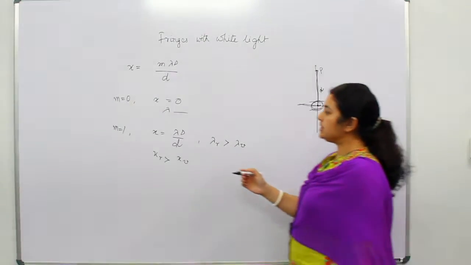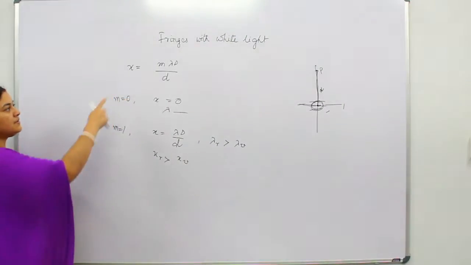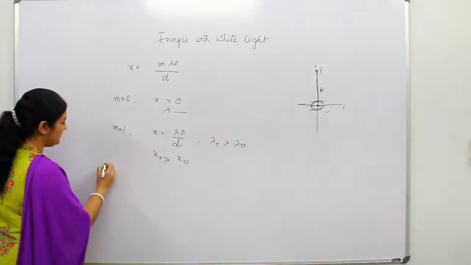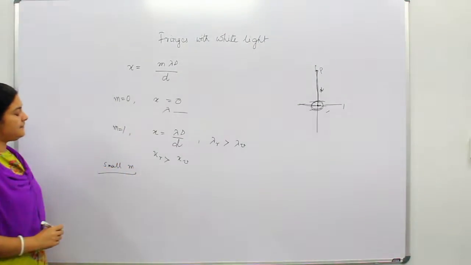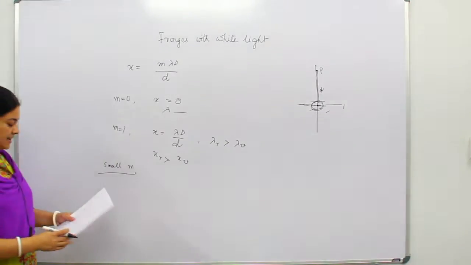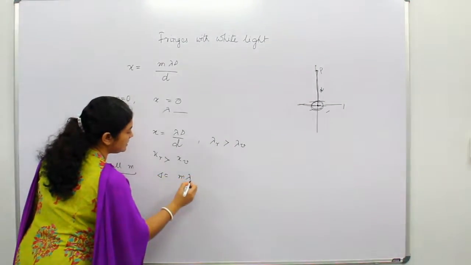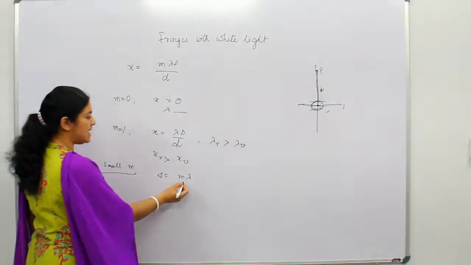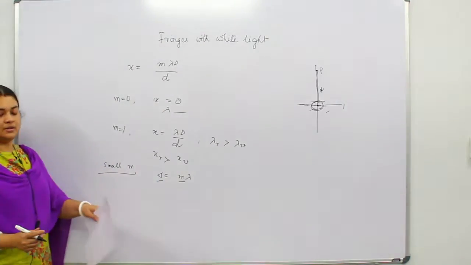Now, this condition, obtaining various colored fringes using white light, is valid only for small values of m. If m is large, then the path difference for bright points is also large.